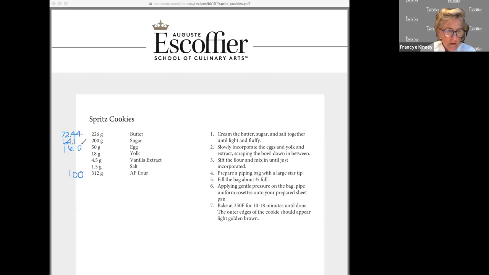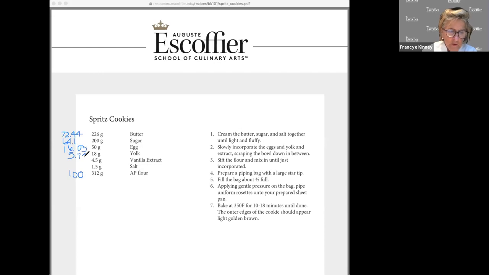I wish my skills here were a little better, but hopefully everybody's following along. Then we've got 18 grams of egg yolk. 18 divided by 312 gives us 0.057. We multiply that by 100, and we get 5.769, so we will call that 5.77.